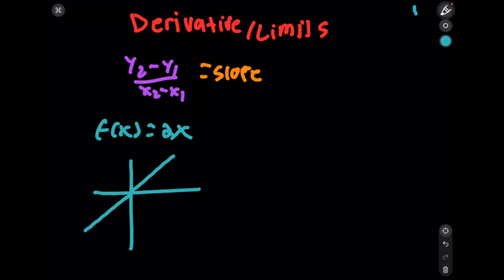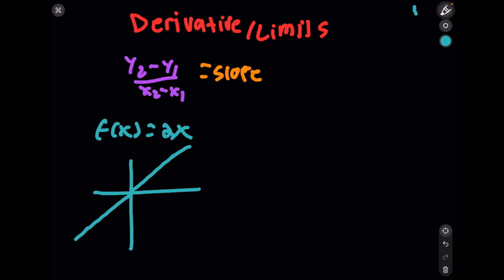Now, you might be wondering, what will be the derivative of this function? Essentially, the derivative is literally just the slope at any point in a function.